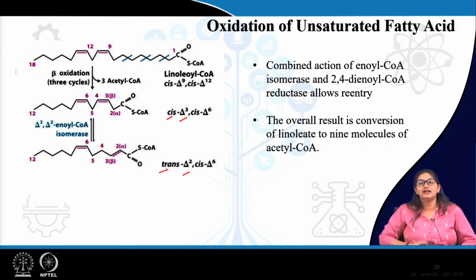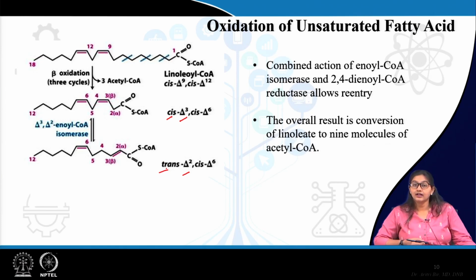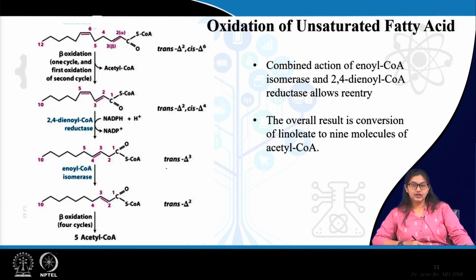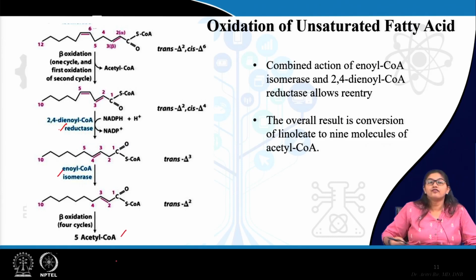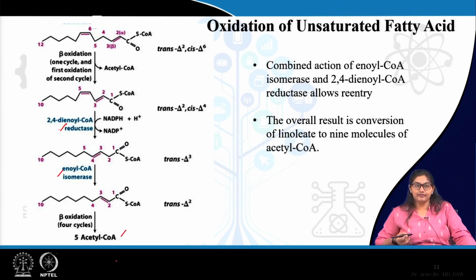Now it is ready to be acted upon by hydratase and it can undergo the following 4 steps of reaction in the beta oxidation cycle. So, this is the total beta oxidation of linoleic acid; after getting treated by reductase and isomerase, it finally forms 5 acetyl coenzyme A.